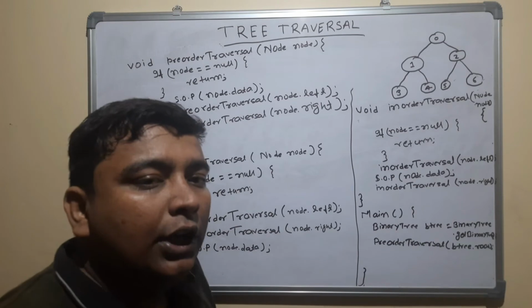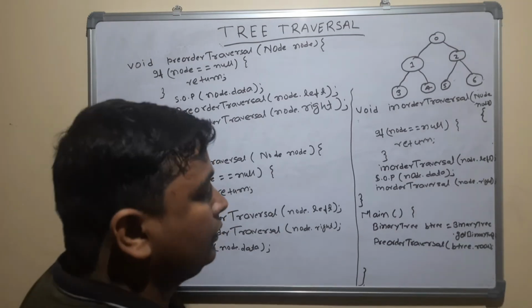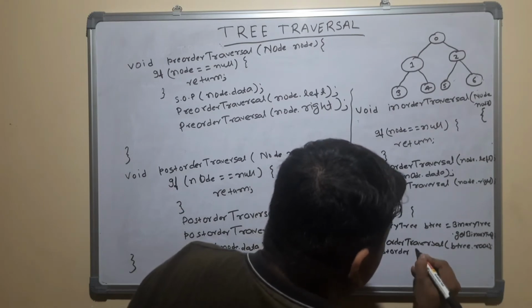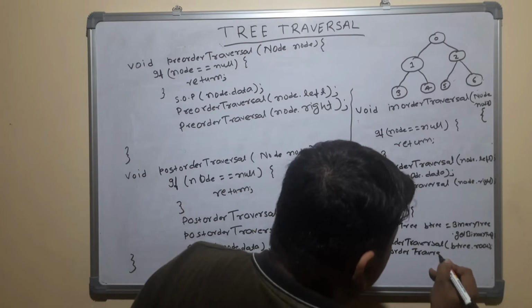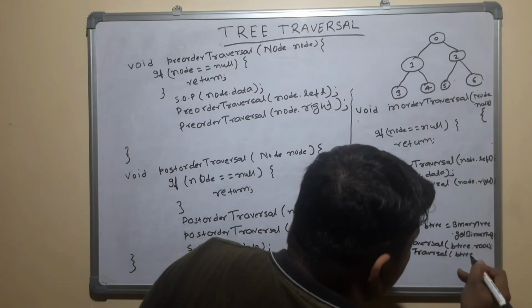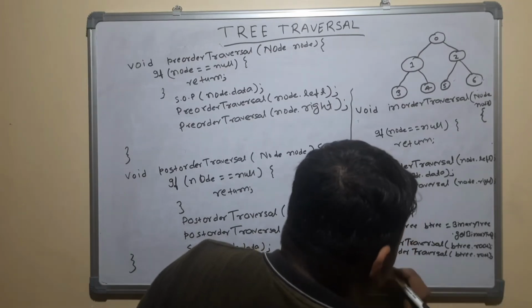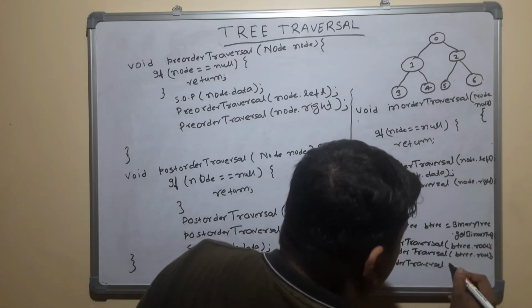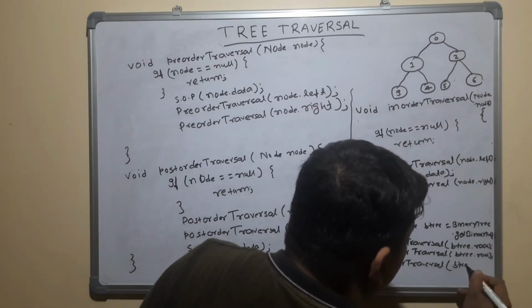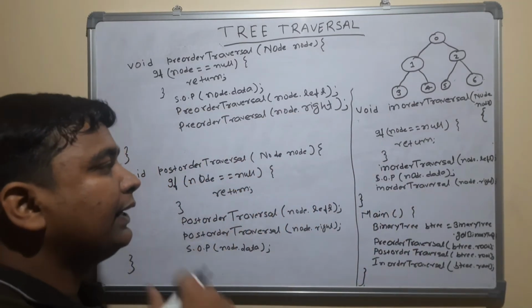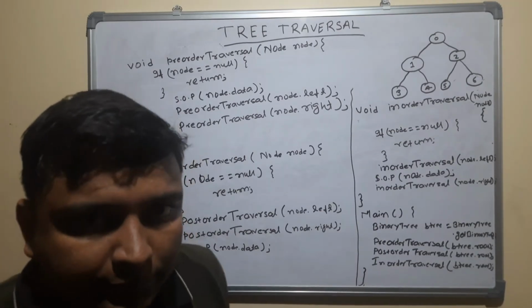If you provide the root, it will automatically process all nodes. This way we can write the program of all three traversals.